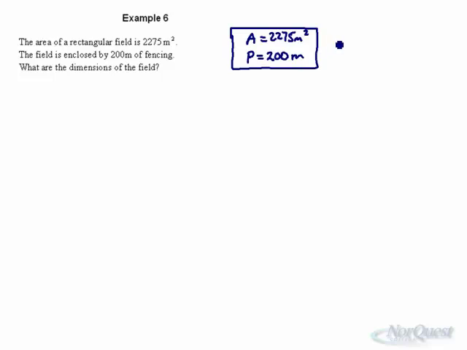What are the dimensions of the field? Well, we'll start by listing them as just x, y. We will create two equations, but we have to define our variables. Let x equal the width. Let y equal the length. And since we have two unknowns, we will have to create two equations.